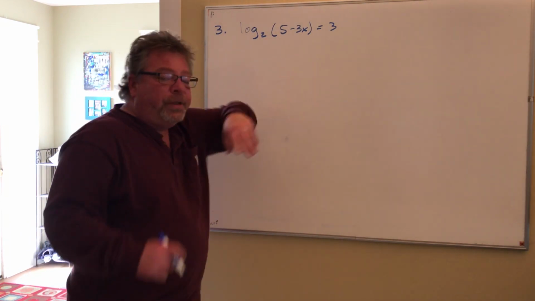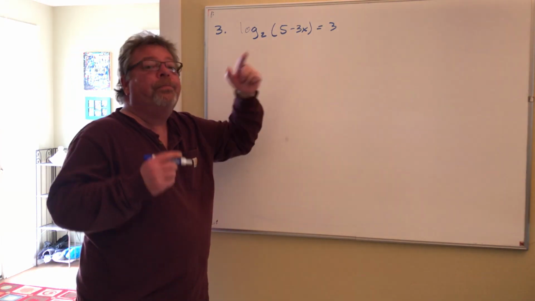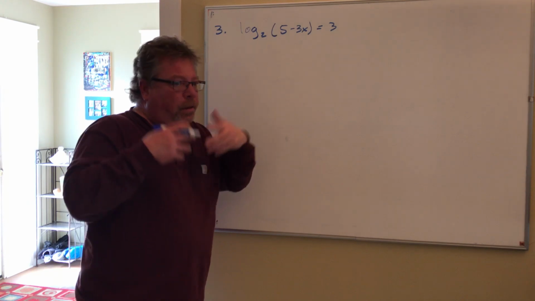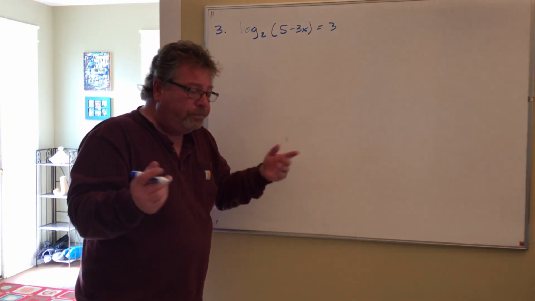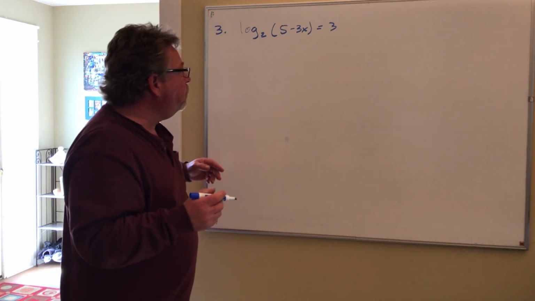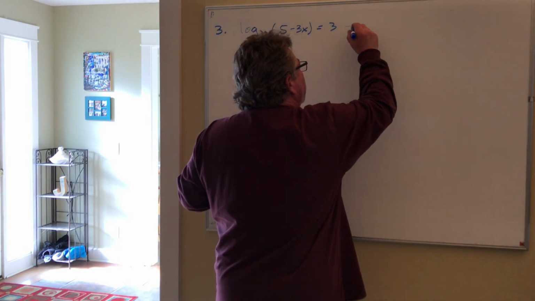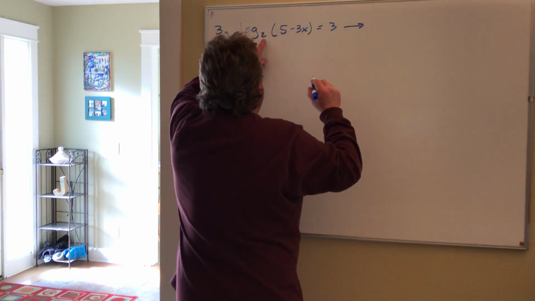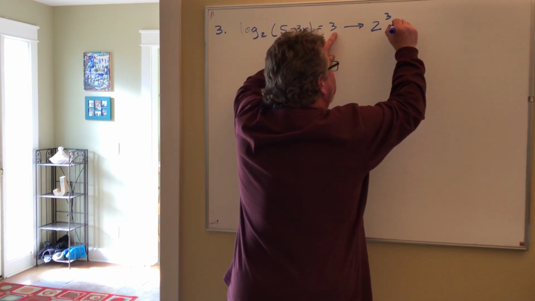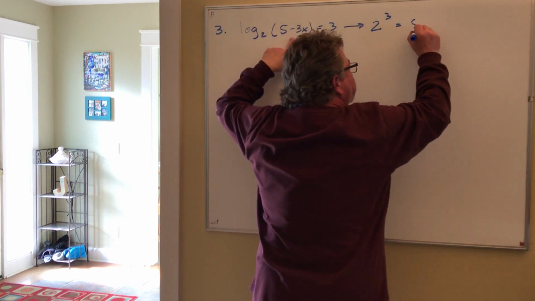And what I can do is simply rewrite this from logarithmic form into exponential form. And again, that will allow me to leave the logarithm behind and hopefully result in an equation that is simpler. So this will become this base 2 raised to this power 3 will give us this stuff in here.